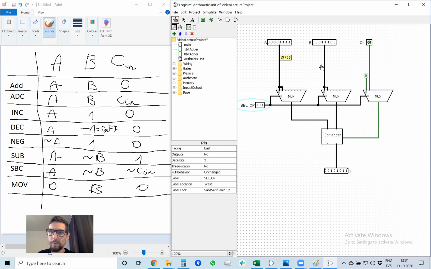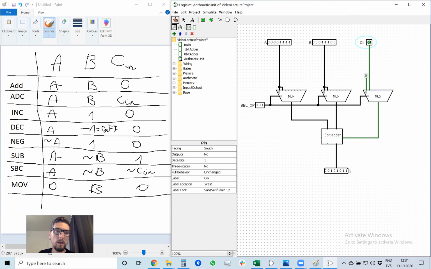So 15 plus 28 plus carry equals 0 is 43, but if we change carry in from 0 to 1, the result is 44, so it added +1. This is used to add big numbers, you add lower parts and then higher parts with carry bit also set. So this thing does add and addition with carry.